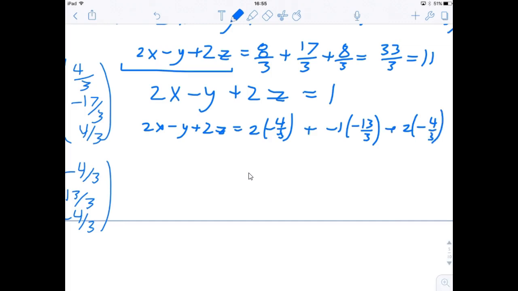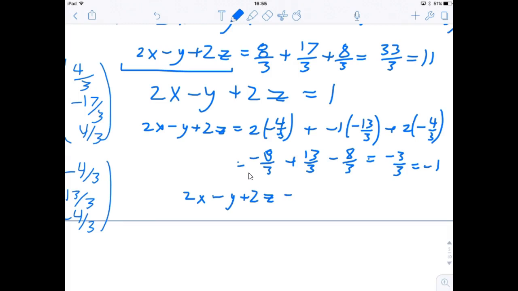And we're going to add everything together, so that'll give us -8/3 plus 13/3 minus 8/3. And that would give us -16 plus 13, which is -3/3, which is -1. So our second equation would just be 2x minus y plus 2z equals -1.